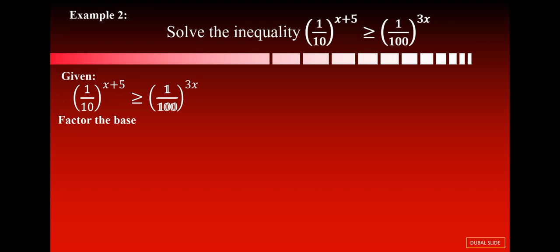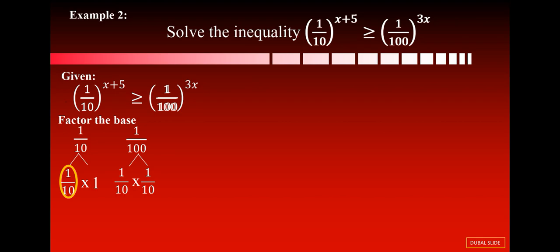Our bases here are 1 over 10 and 1 over 100. The factor of 1 over 10 is 1 over 10 times 1. And the factor of 1 over 100 is 1 over 10 times 1 over 10.